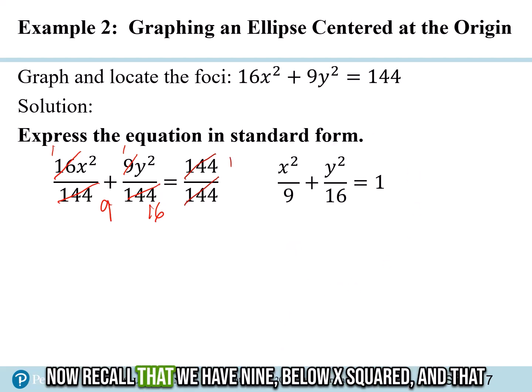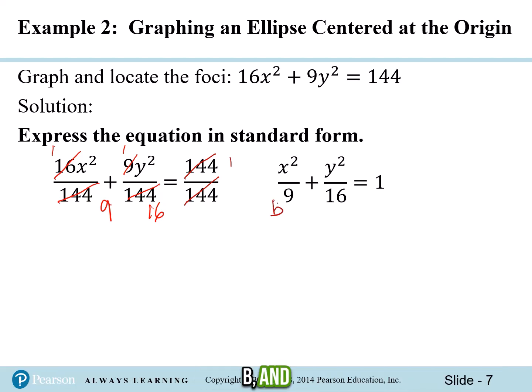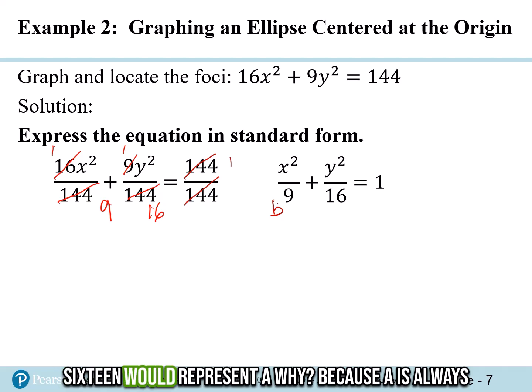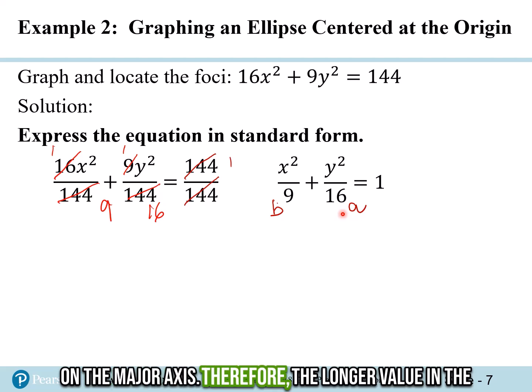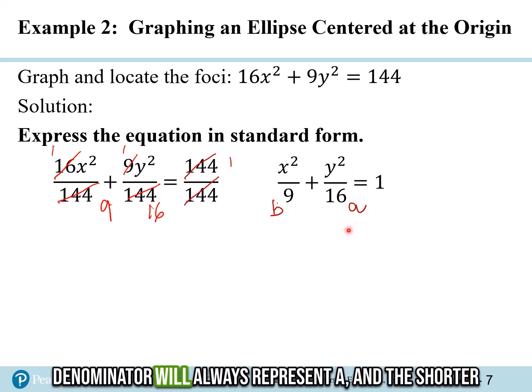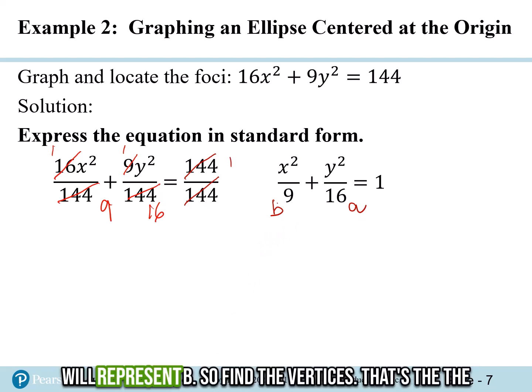Now recall that we have 9 below x squared, and that would represent b squared, and 16 would represent a squared. Why? Because a is always on the major axis. Therefore, the longer value in the denominator will always represent a squared, and the shorter value will represent b squared.